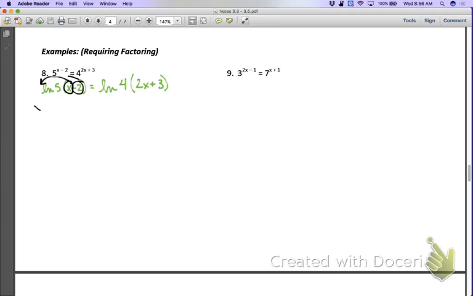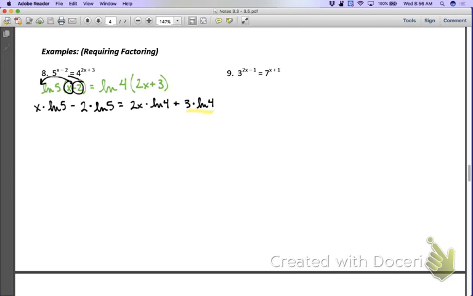So I'm going to have x times the natural log of 5 minus 2 times the natural log of 5 equals 2x times the natural log of 4 plus 3 times the natural log of 4.